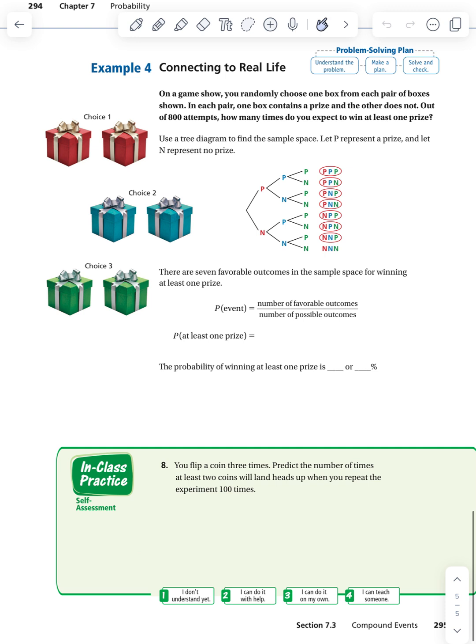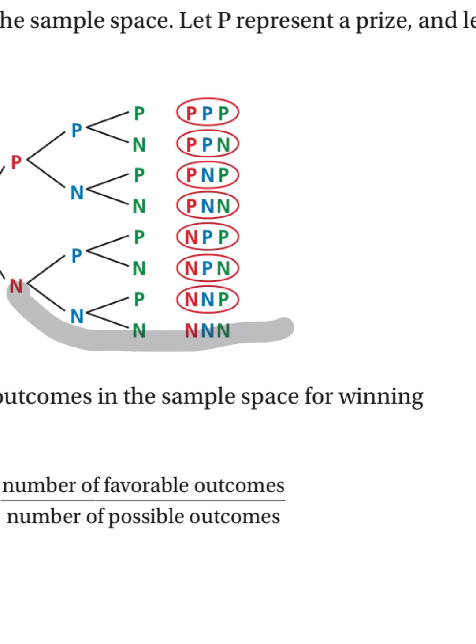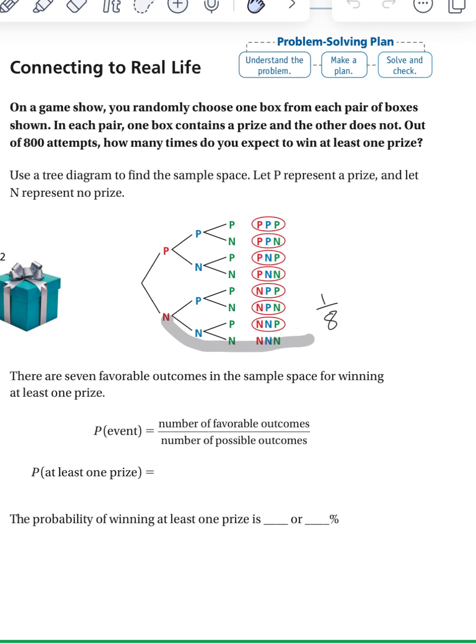So P is representing prize, N is representing no prize. So there's really only one scenario where you have no prizes out of all the possible outcomes. So let's take note of how many outcomes there are. There are 8 possible outcomes. So this is only 1/8 probability of no prize.